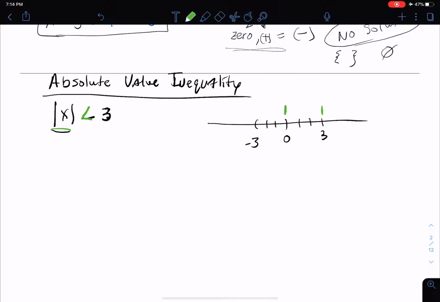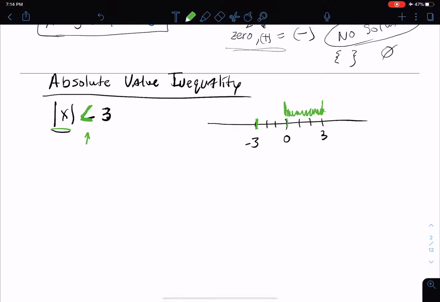So the distance from this to this point is going to be all this stuff here. Right now I'm equal, and then this stuff out here is greater than the distance, so we don't want that. We're looking for the values that are less than the distance from 0 to 3. If I stretch my tape measure from 0 to 3, this is exactly equal, a distance of 3. And I want to find the values that have a distance that's less than.